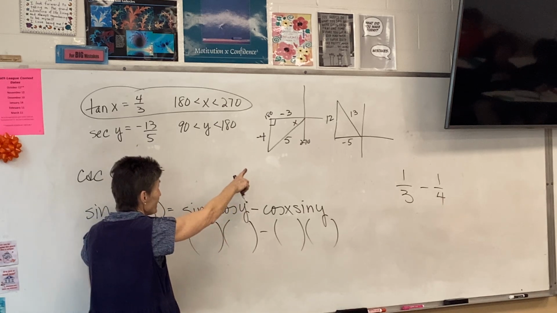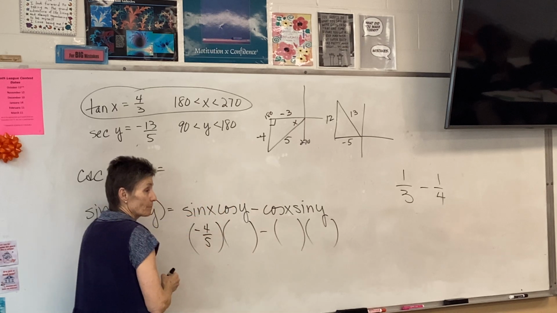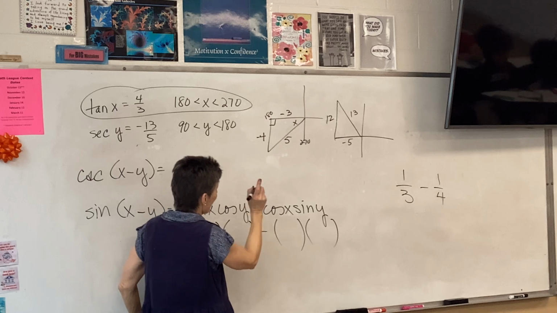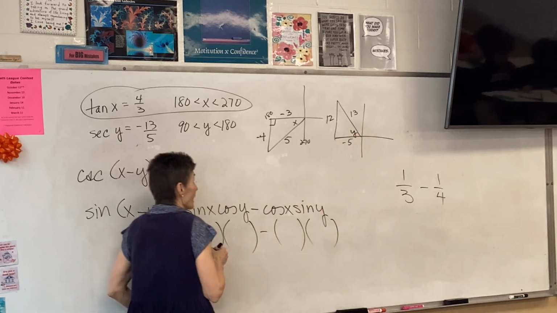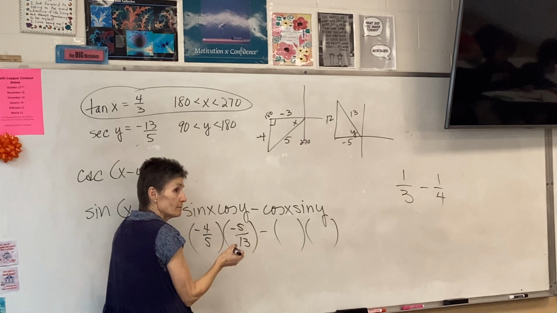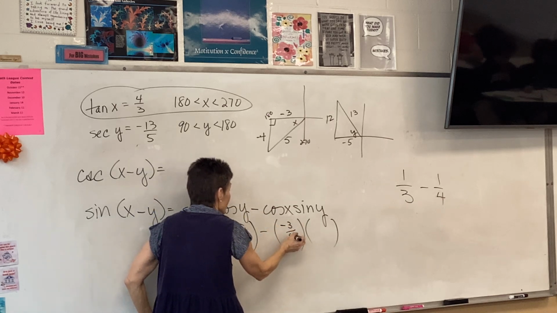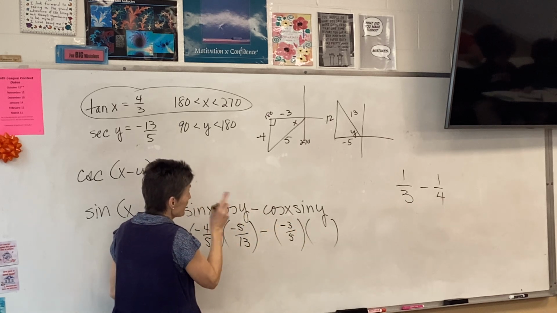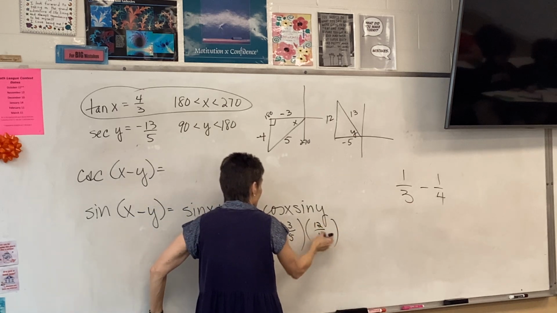The sine of x is negative 4/5. The cosine of y, this is y over here, so the cosine of y is negative 5/13. You see what I'm doing? Cosine of x is negative 3/5. And sine y is 12/13.